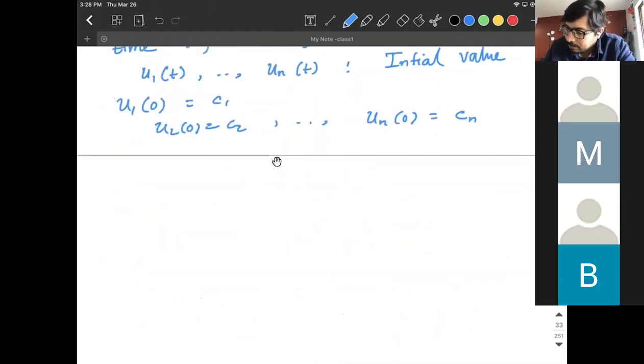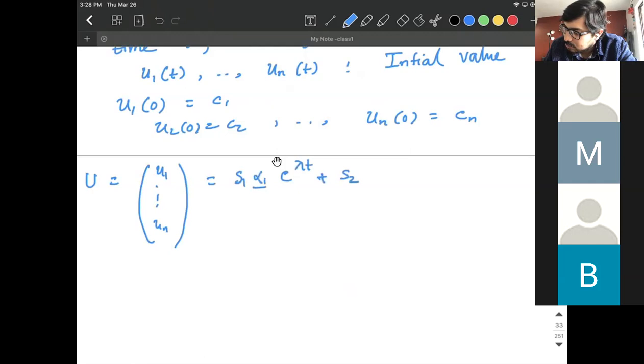You have this solution, let's say u1 up to un. This is given by s1 alpha 1 bar e to the lambda 1 t plus s2 alpha 2 bar e to the lambda 2 t plus sn alpha n bar e to the lambda n t.